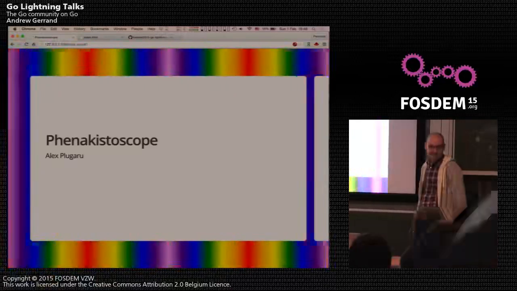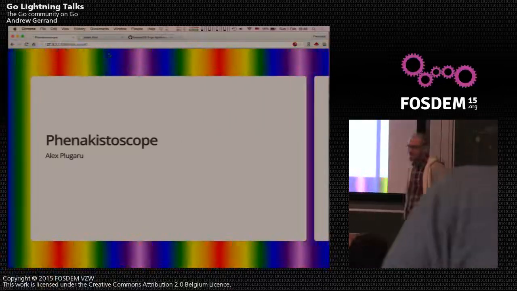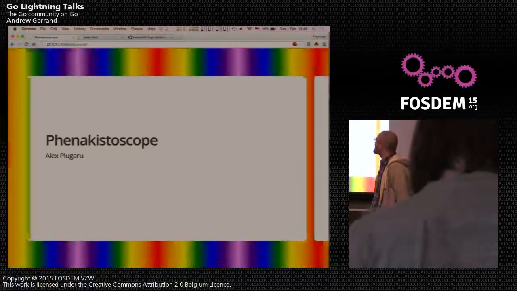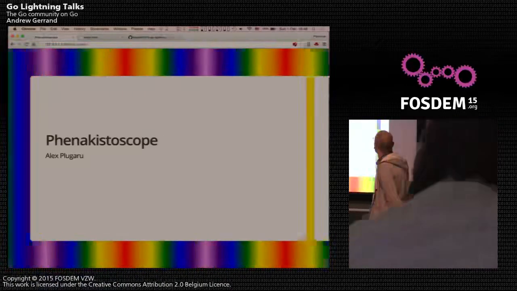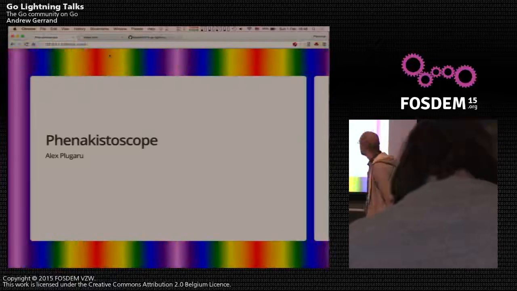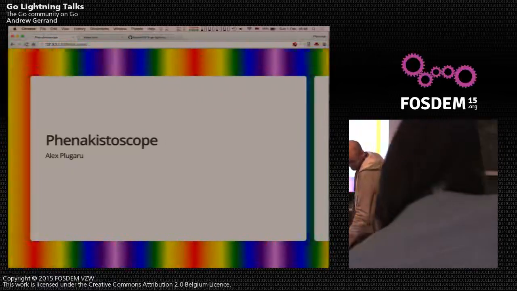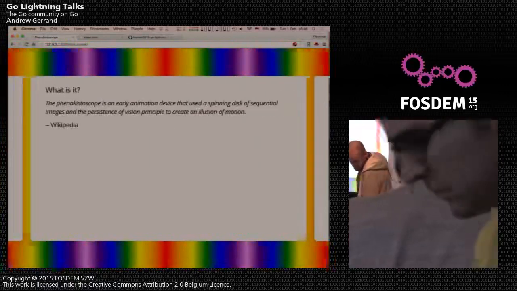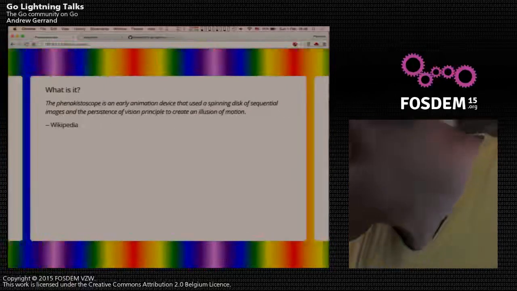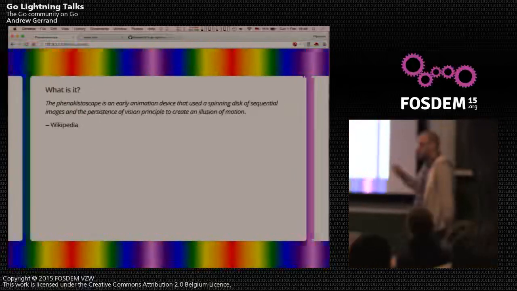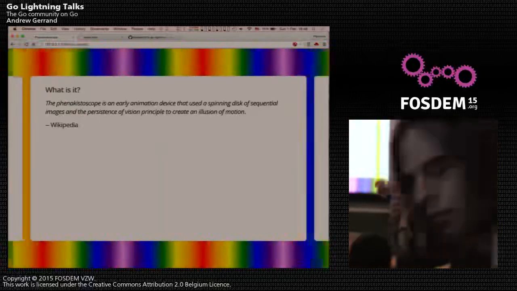I think the Go slide is too boring, so I made a little change to it. Every presentation looks the same, so here's another background for you. So what is this thing I cannot pronounce? It's phenakistoscope, I think. It's a Greek term, and it's an animation device that you rotate, and you get a small movie.